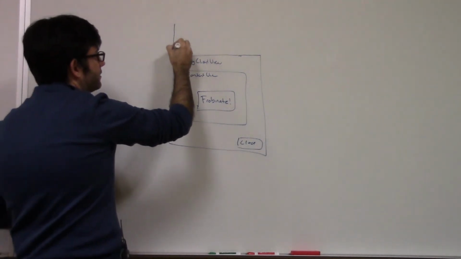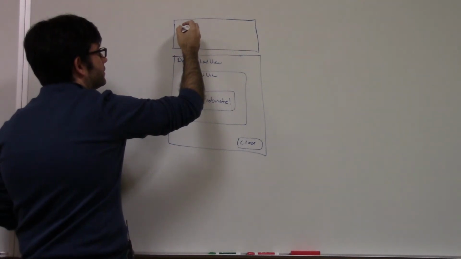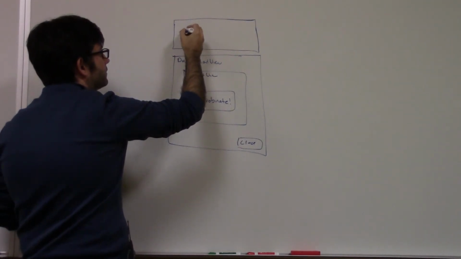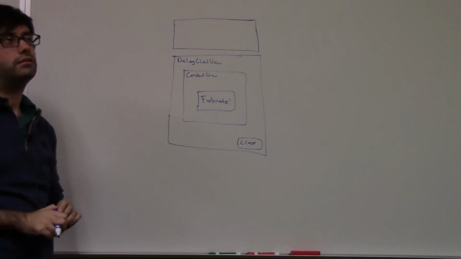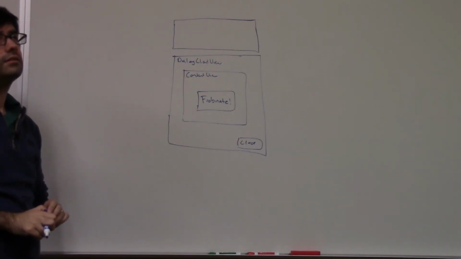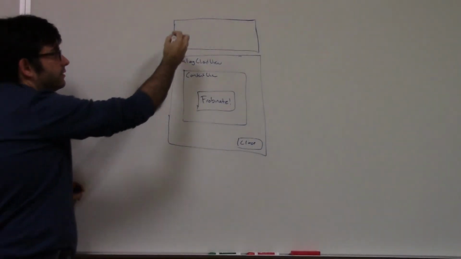And then as a peer in the hierarchy, there will be a, what's it called? Maybe let's just assume we are running on, I'm trying to think, if we're running on Windows 7 with glass turned on, there will be a native frame view.